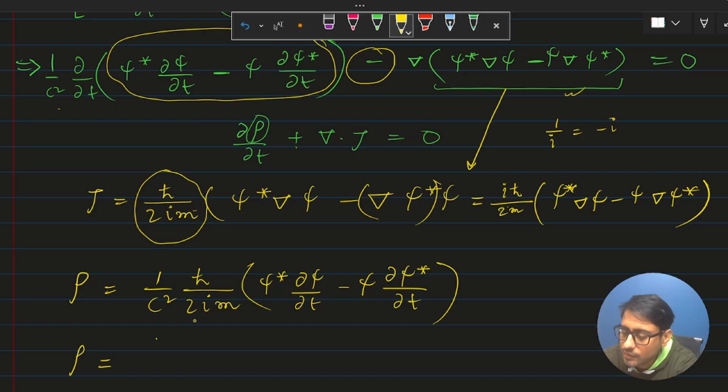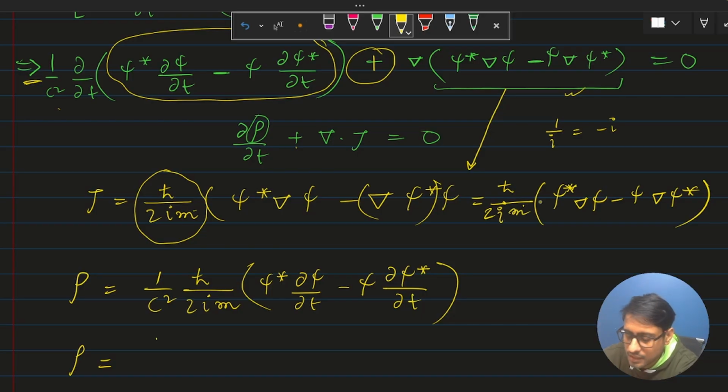Then this will be our j directly, and there will be no need to take this iota term on the top, and this will be 2 iota m.